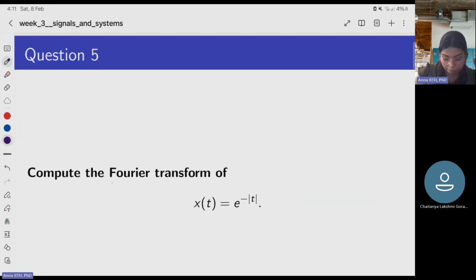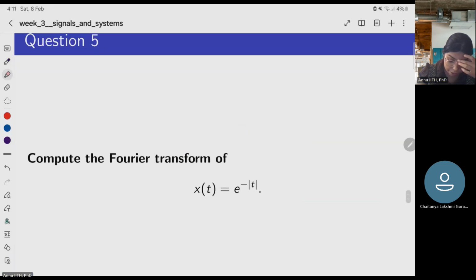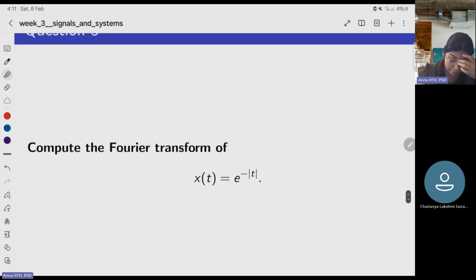Compute the Fourier transform of x(t). In order to solve this, we need to compute by using the simple formula.